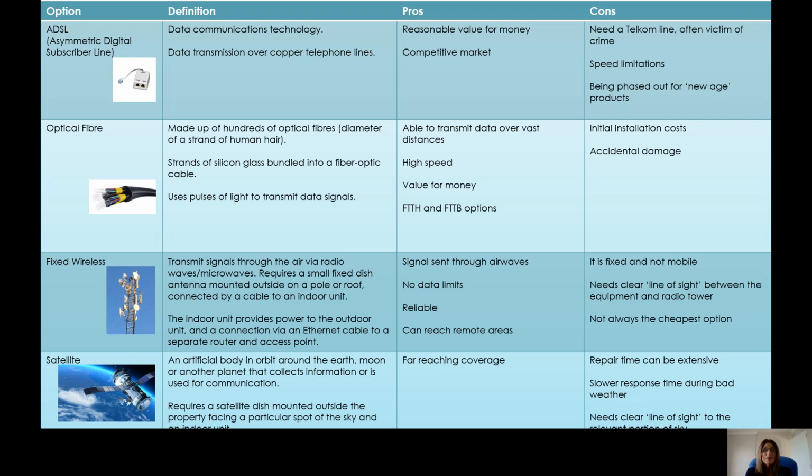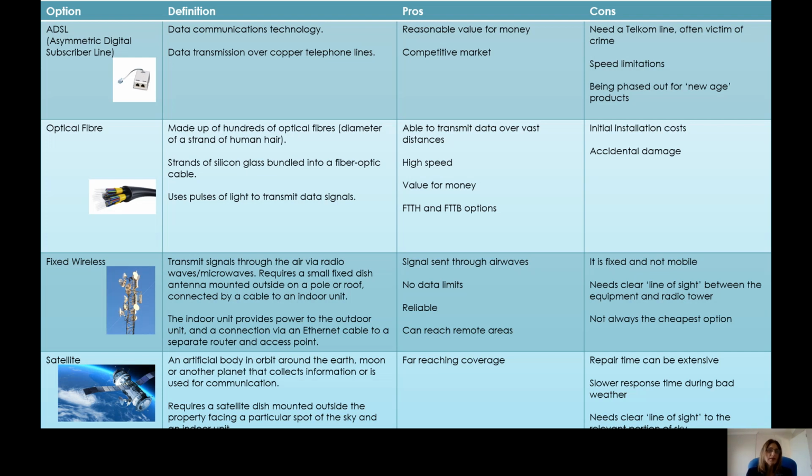There can sometimes be some speed limitations, and I think in essence, it's being phased out for your newer age products like your fiber and satellite and wireless and that kind of thing. But it is still available currently.